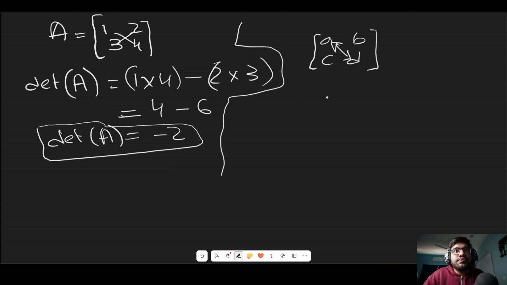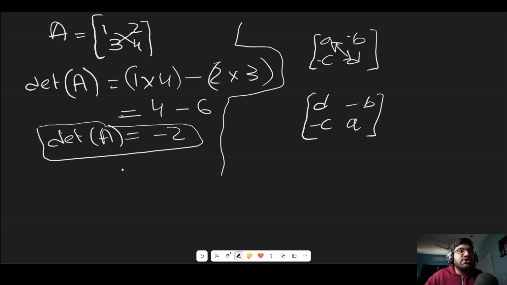This would become D, and this would become A. Now you would multiply the other diagonal with minus 1. So this would become minus B and this would become minus C. Now this is the adjoint of this matrix.